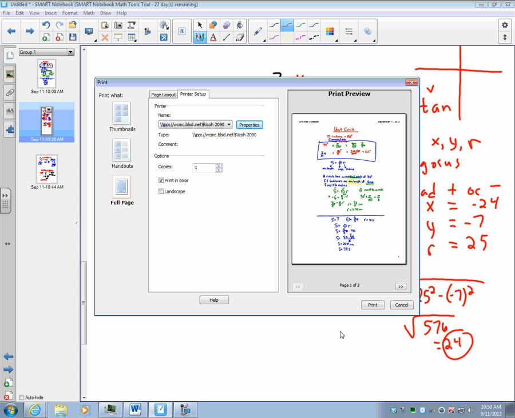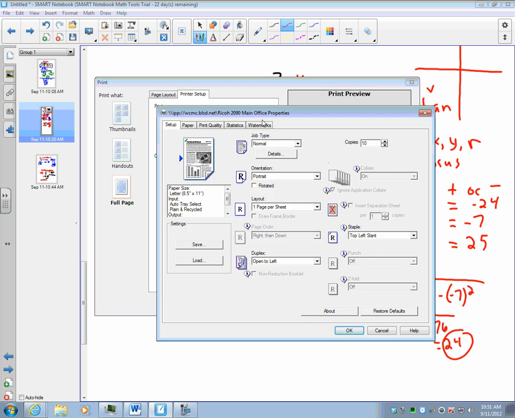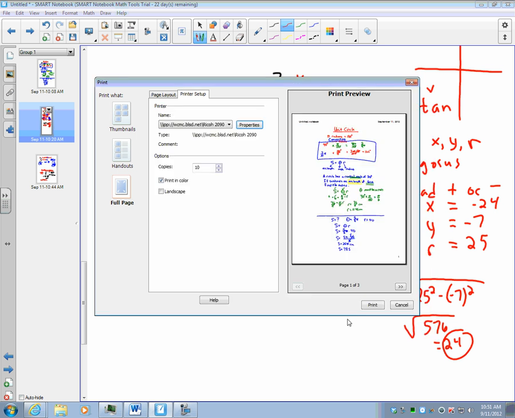So 1 to 4 and then 9. Okay, I'll go get the notes and I'll be right back.